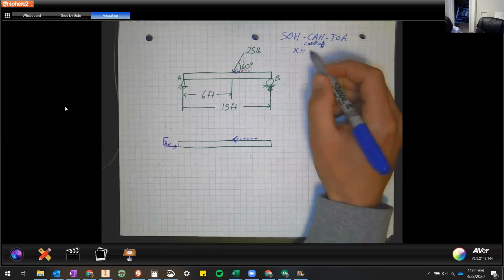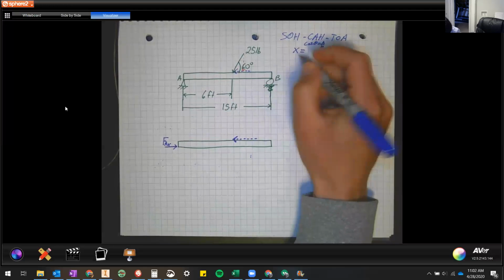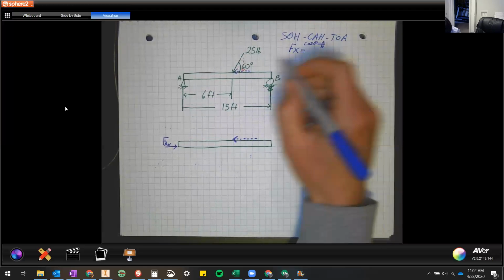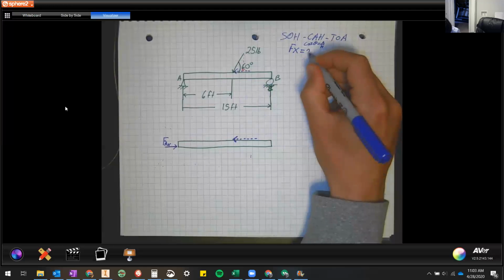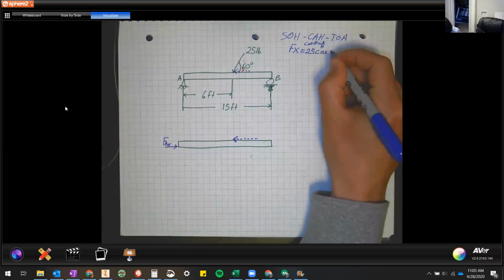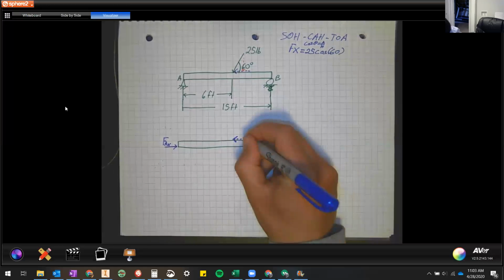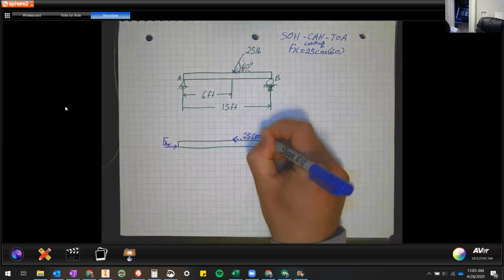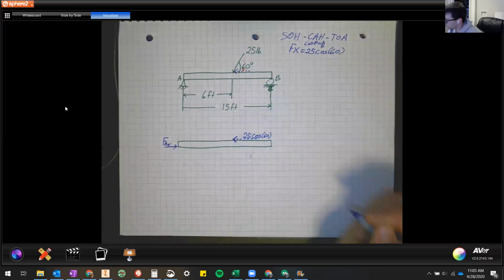And so x is my adjacent side, so I'm going to say Fx is equal to my hypotenuse, which is 25, times the cosine of 60. So this is going to be 25 cosine 60 is what that force would be.